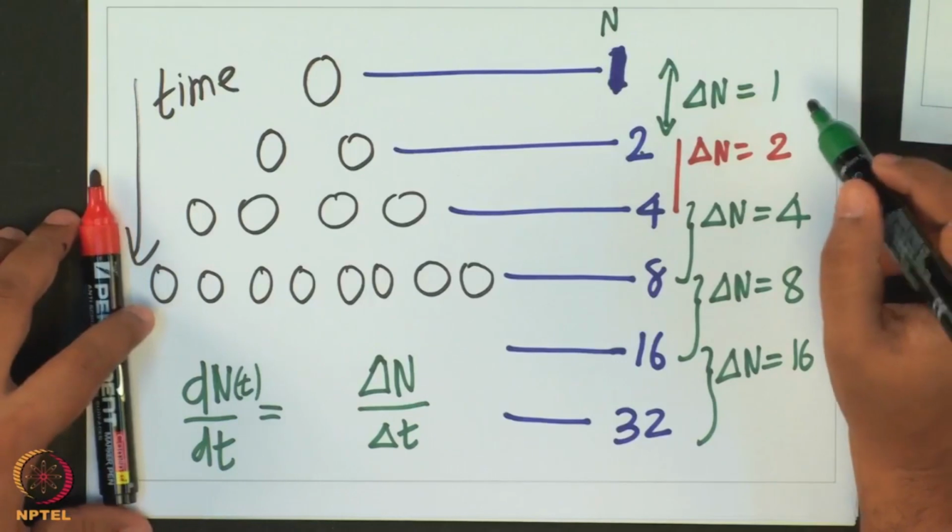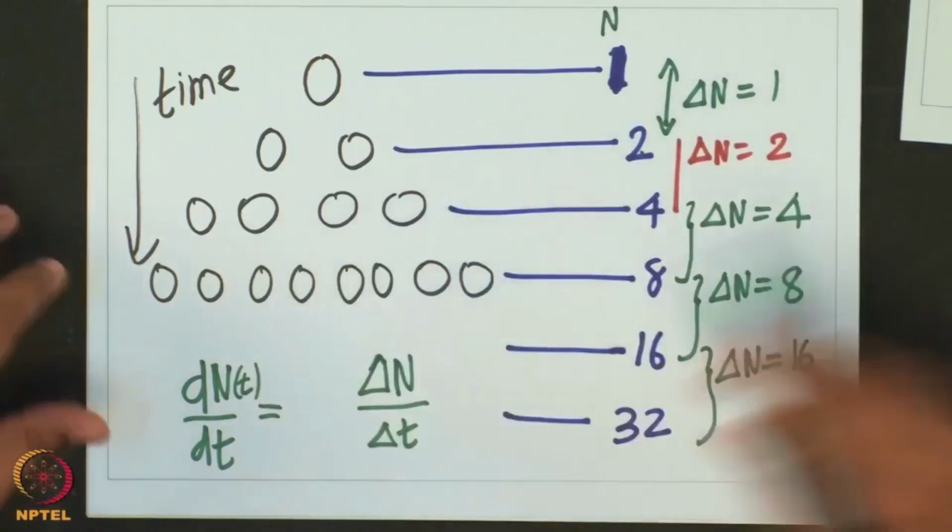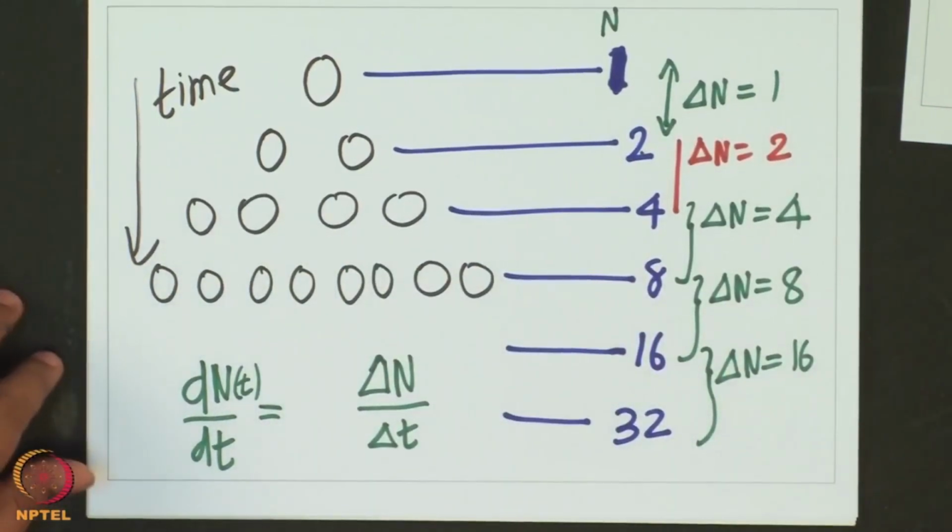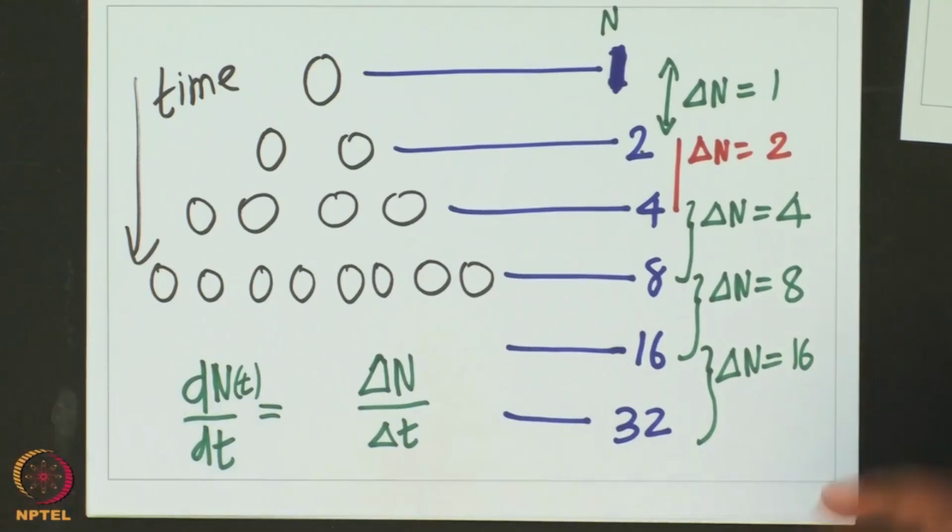And the fundamental idea is that if you have more number of bacteria, if n is very large, all of them can divide. If there is 100 bacteria, all 100 would divide. If there is only 1 bacteria, only 1 can divide. So therefore, the delta n would be proportional to n itself. This is obvious.